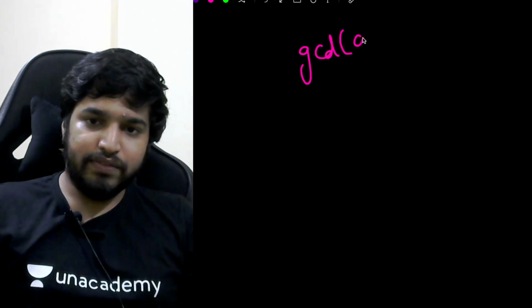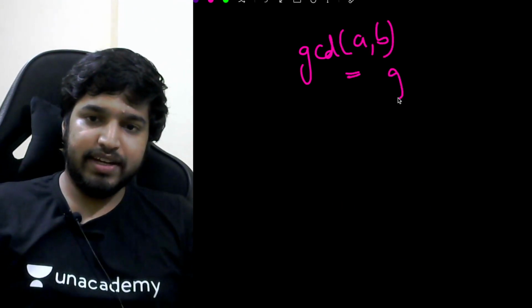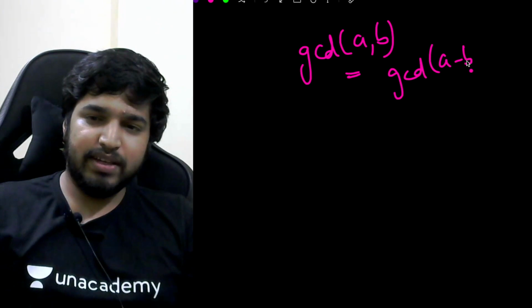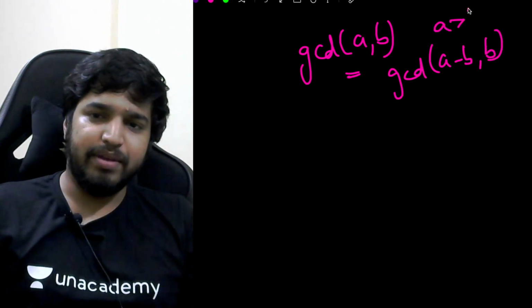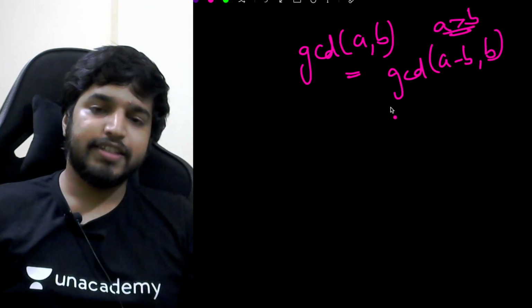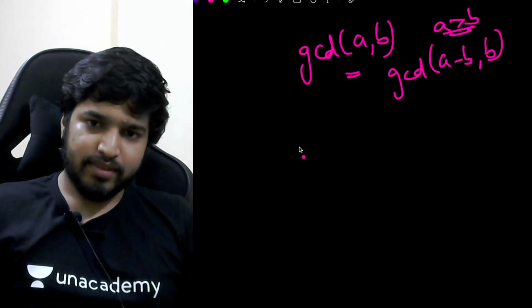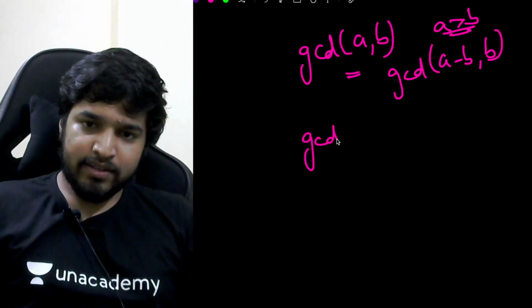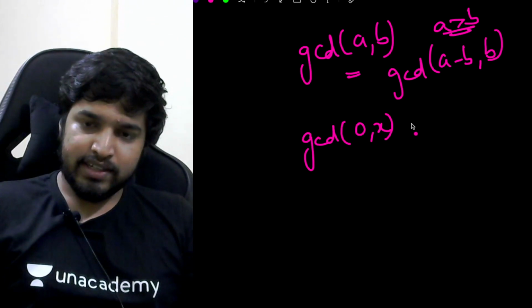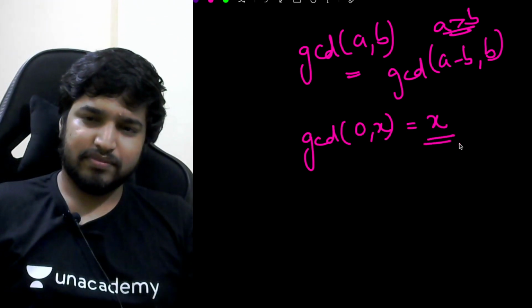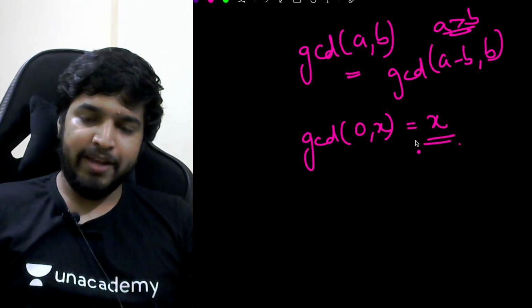So we established that GCD of A comma B is equal to GCD of A minus B comma B, where A is greater than B. One more thing: GCD of 0 comma X is equal to X. Why?